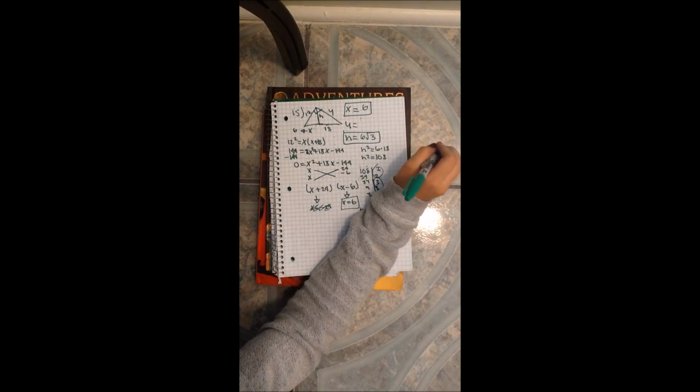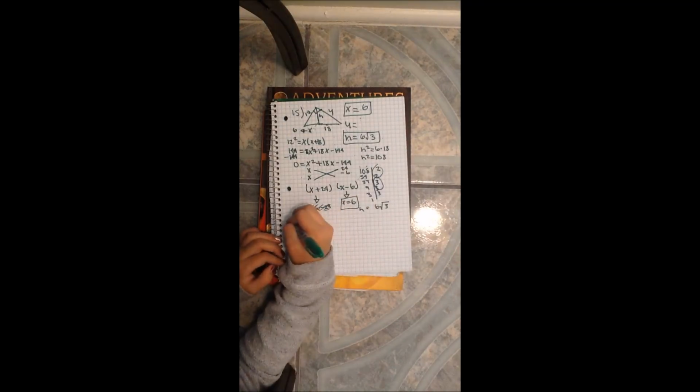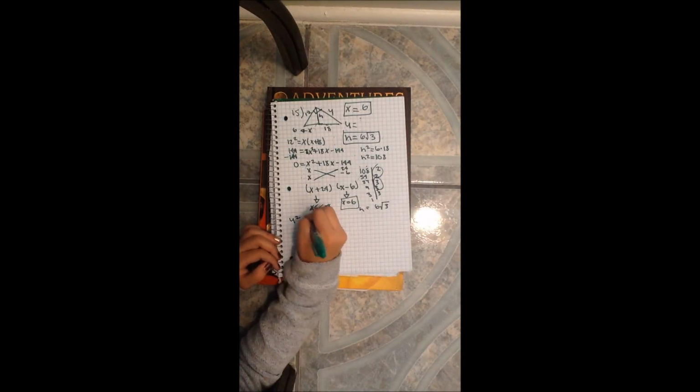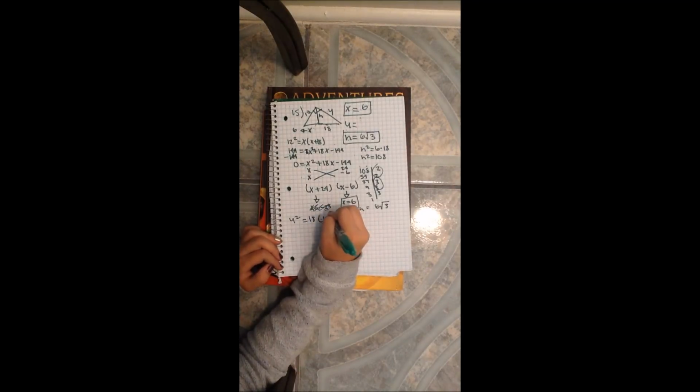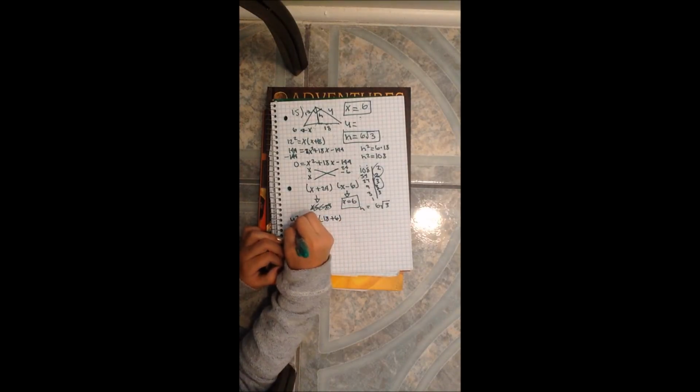And now I have to find y. So y squared equals 18 times (18 plus 6), which means y squared equals 18 times 24.